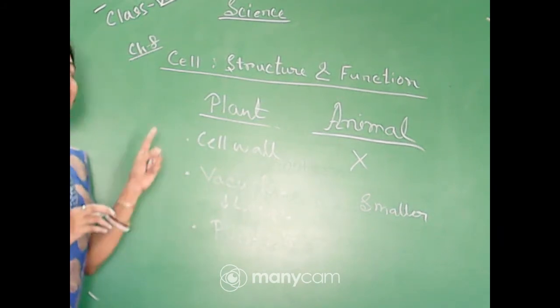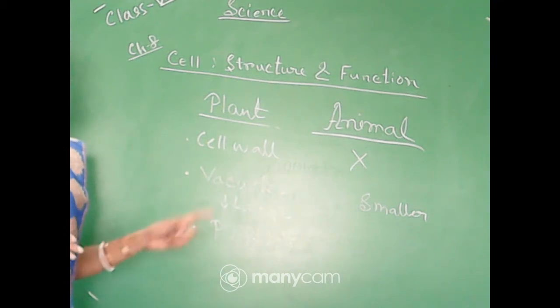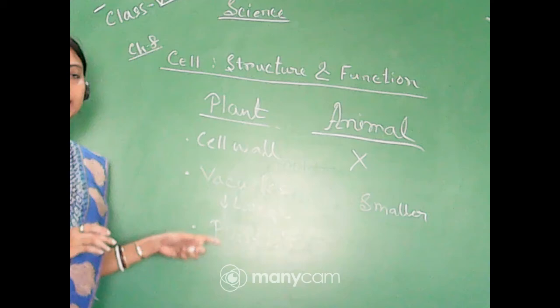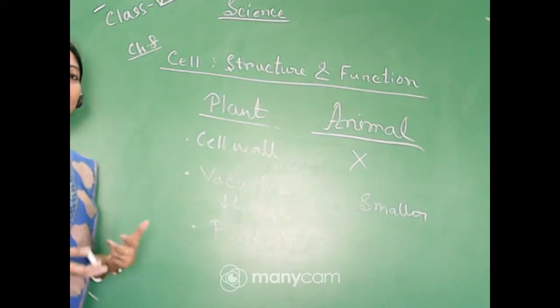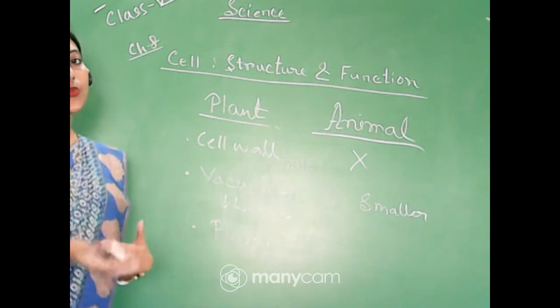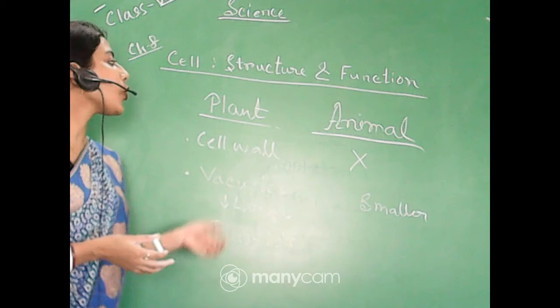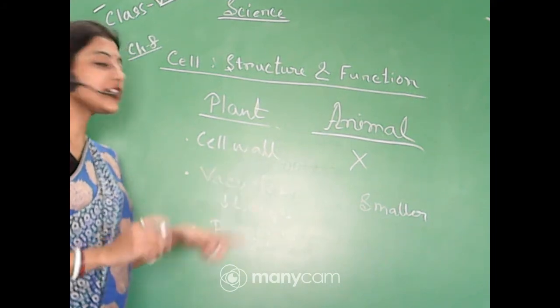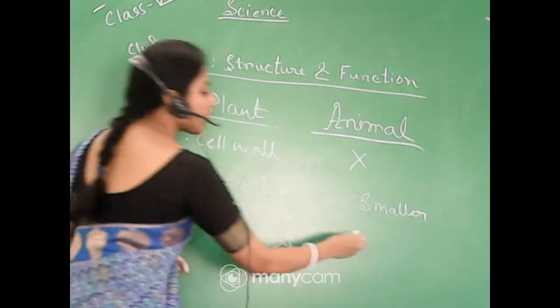In plants, the leaves are green, and the chlorophyll resides within the green plastids known as chloroplasts. But other colorful plastids are also present, which are responsible for other colorful portions of plant cells. So this is another difference between the plant cell and the animal cell.